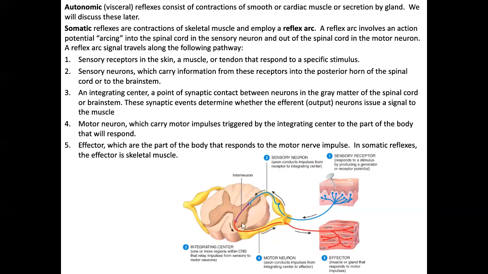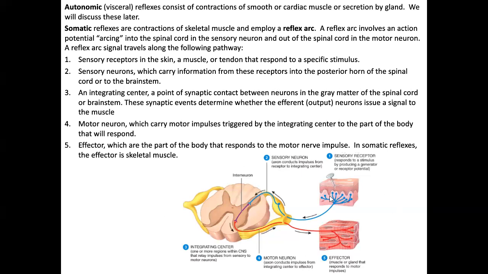Okay, and if so, that is going to result in activation of motor neurons, which carry the signal out from the front of the spinal cord, originating in the anterior or ventral horn, and then travel out thanks to the anterior or ventral root of our spinal nerve, and eventually go all the way to our effectors, which are going to be skeletal muscle when we're talking somatic.